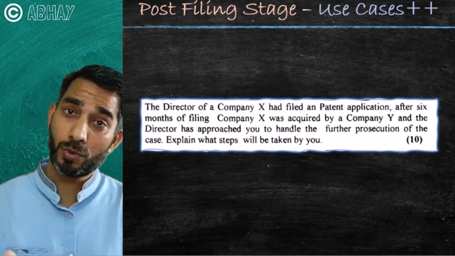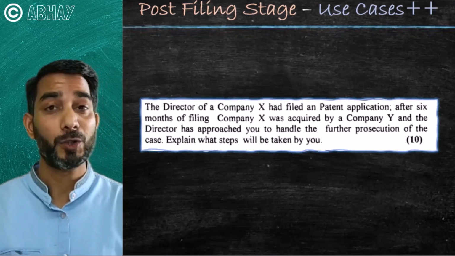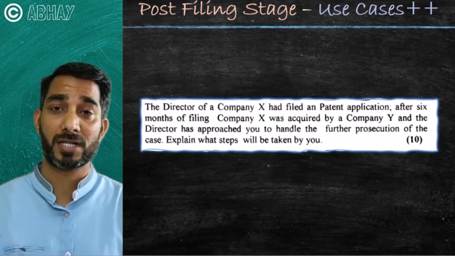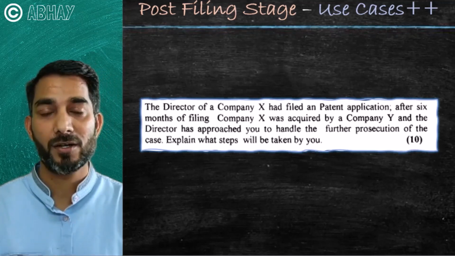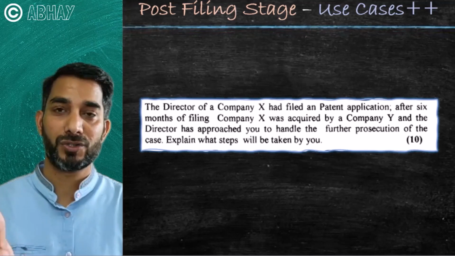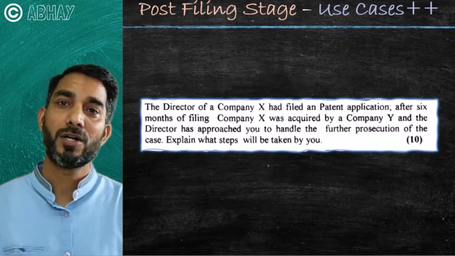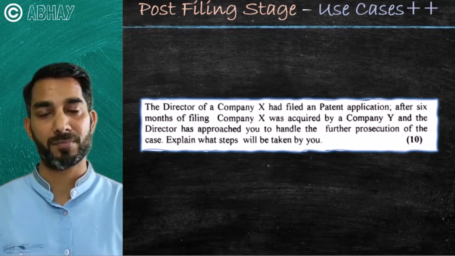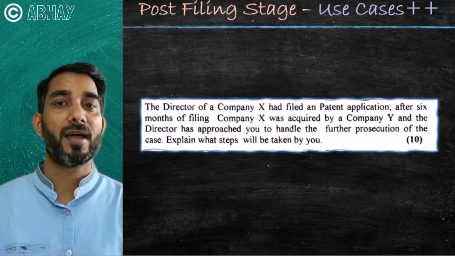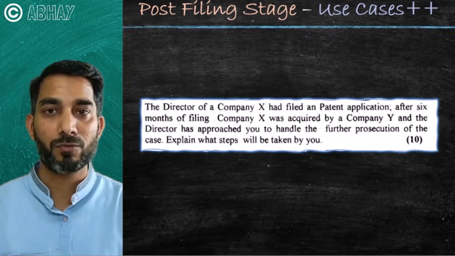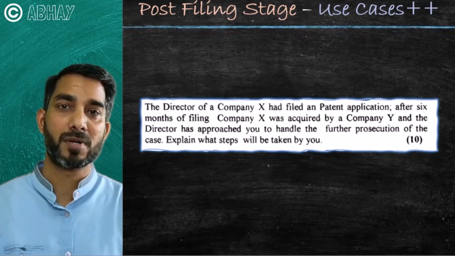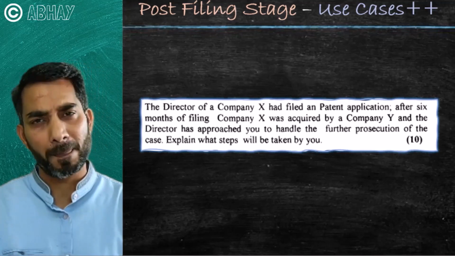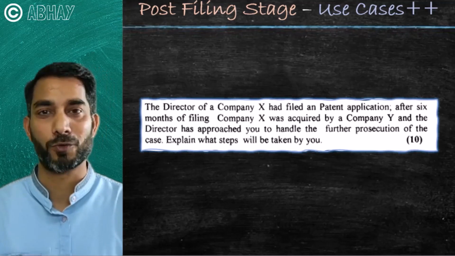Now for you to represent company Y, you also need to have power of attorney in your name. So you can use section 6 for requesting the controller to change the assignee name from company X to company Y. And the evidence that you would file would be evidence which could state that company X has been merged in company Y. There are government issued documents which can be used for it.